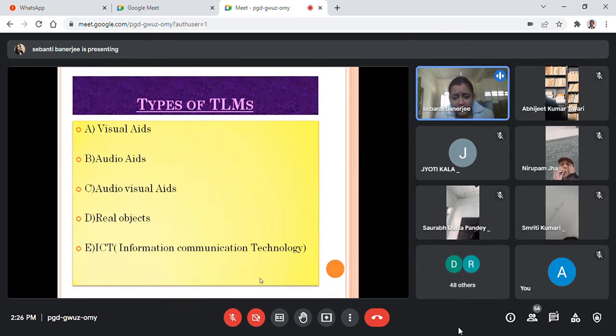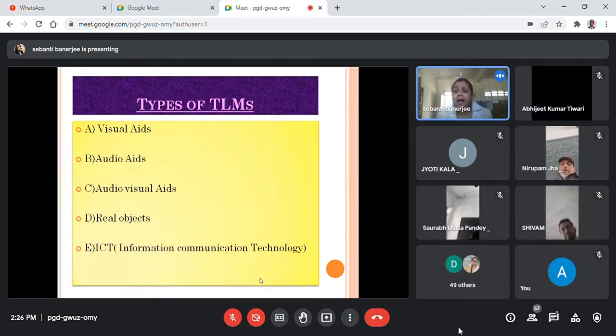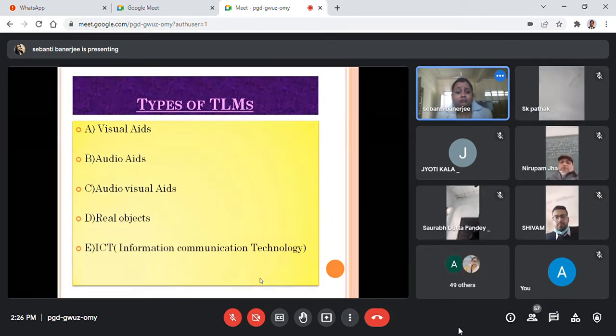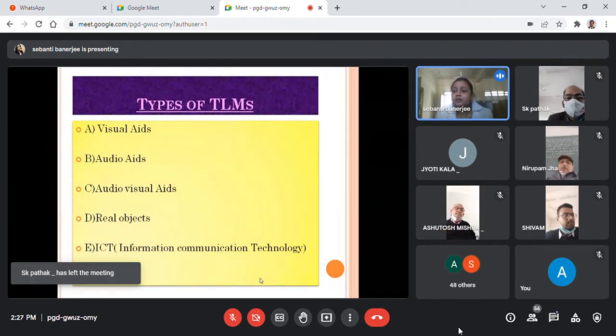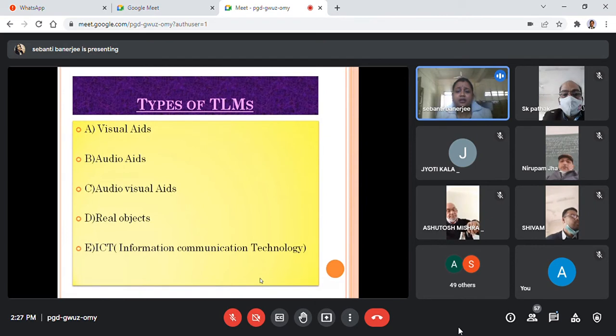What are augmented realities? Basically, those are apps where we are able to create animated pictures and show the students. Suppose a chapter in science, various types of animals and their adaptation procedure in different habitats. We will be able to design animated pictures of the camel and show the students how the camel adapts in a desert-like situation.